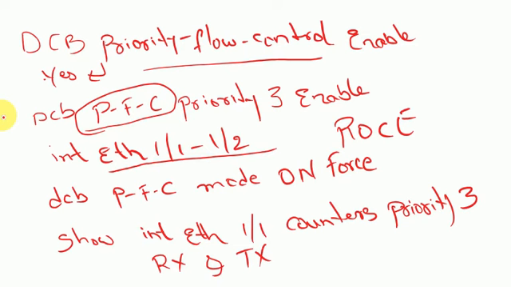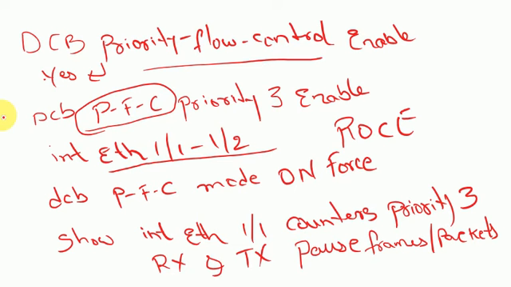So all this information on both RX and TX we'll see. If you run this command, especially show interface Ethernet 1/1 counters priority 3, then if you see any incremental counters on the pause frames or packets on the RX or TX side, it means that whatever we configured, the PFC is functioning as intended.